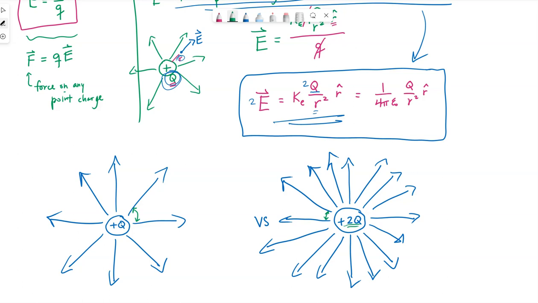If we ever draw a situation for electric field for a system of charges, these lines will never cross each other. They are always smoothly flowing. So I'll go through some conceptual questions and a couple problems with this, and then move into the next chapter.